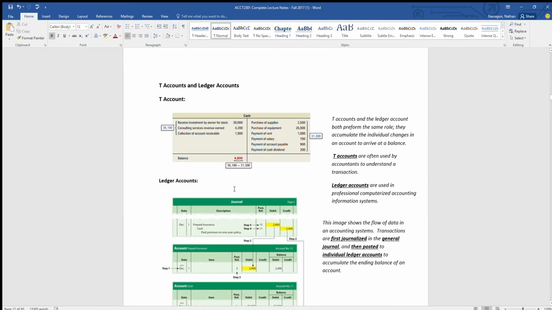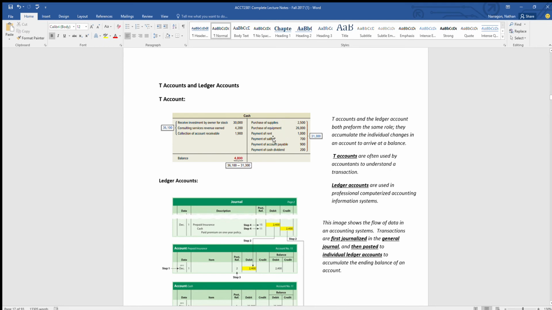Alright, so T accounts. These are the fun parts. I will tell you this. This is one of the most awesome tools to use because it helps you out so much. So with the T chart, we're actually going to list what has happened. If it's increased, debit. For this example, this is cash.